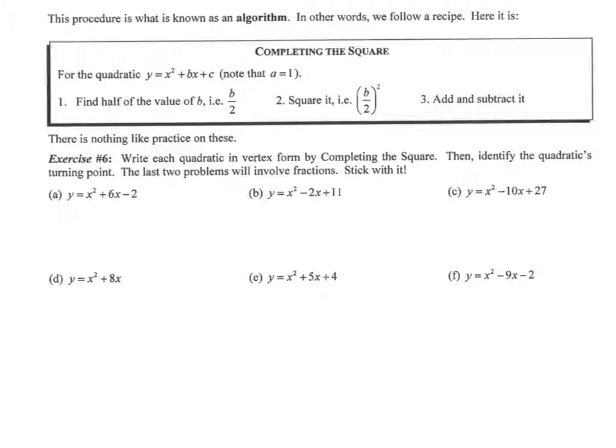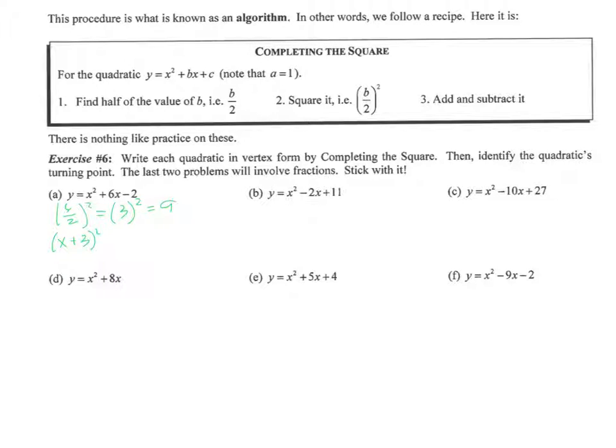So the first thing we're going to need to do is take b, which in letter A is 6. So 6 divided by 2 squared, which becomes 3 squared, which becomes 9. So now we have x plus 3 squared. Where that came from is I just created a perfect square and then skipped a step to make what the binomial becomes.